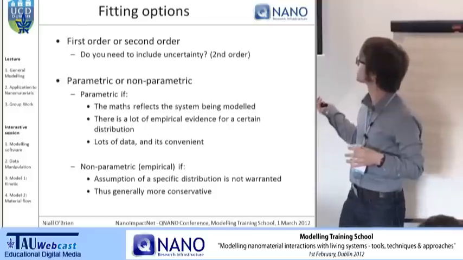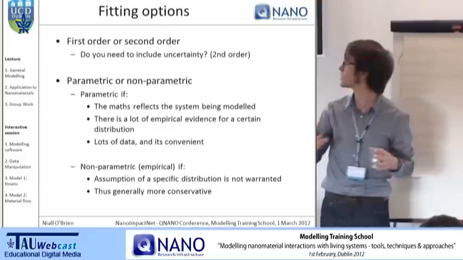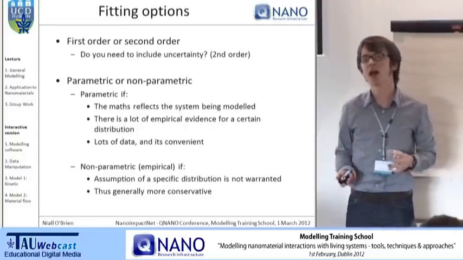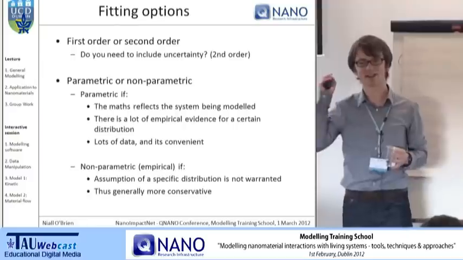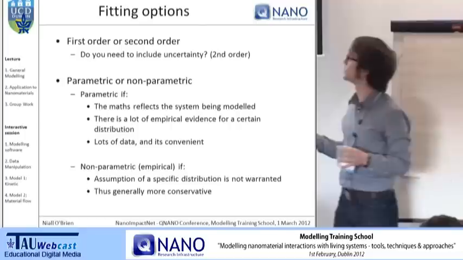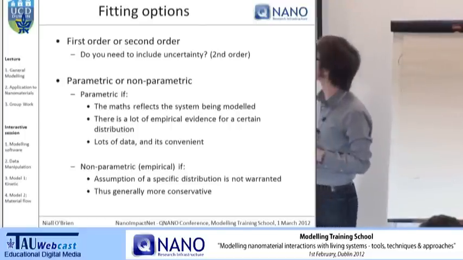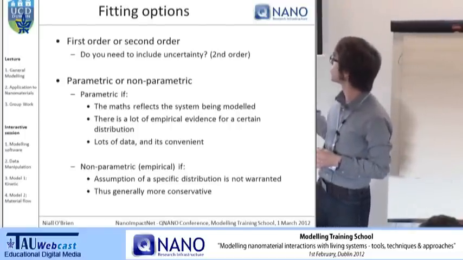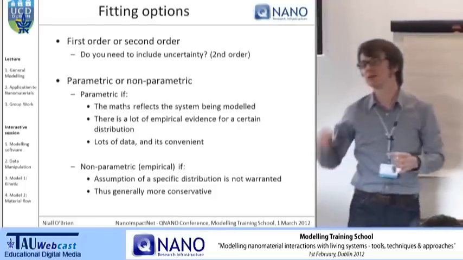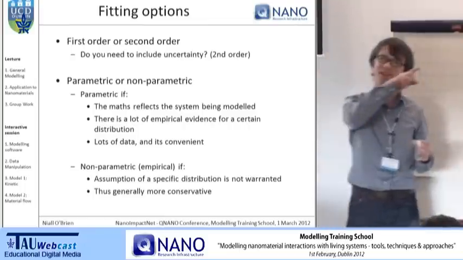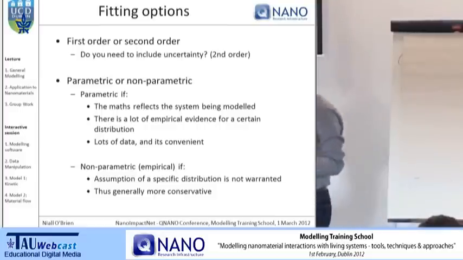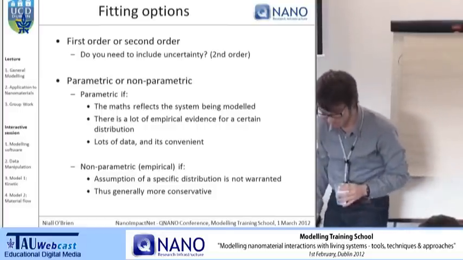If there's a lot of empirical evidence for a certain distribution, so people have used it before, and you have lots of data that fits very nicely to it, then you can use parametric. Non-parametric is used if the assumption of a specific distribution is not warranted, and it is generally more conservative. Again, the distribution you choose reflects the mathematics of the element or its representation. Again, it's triangular, it's uniform, it's paired, things like this. We'll look at this again in more detail.